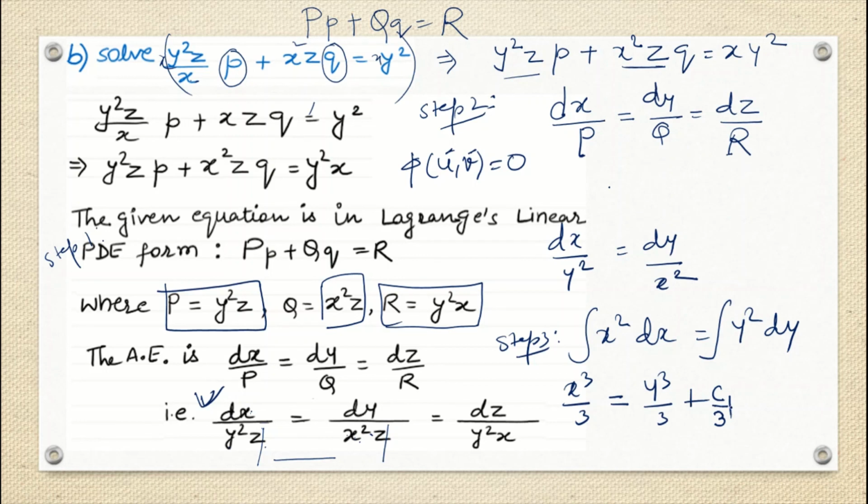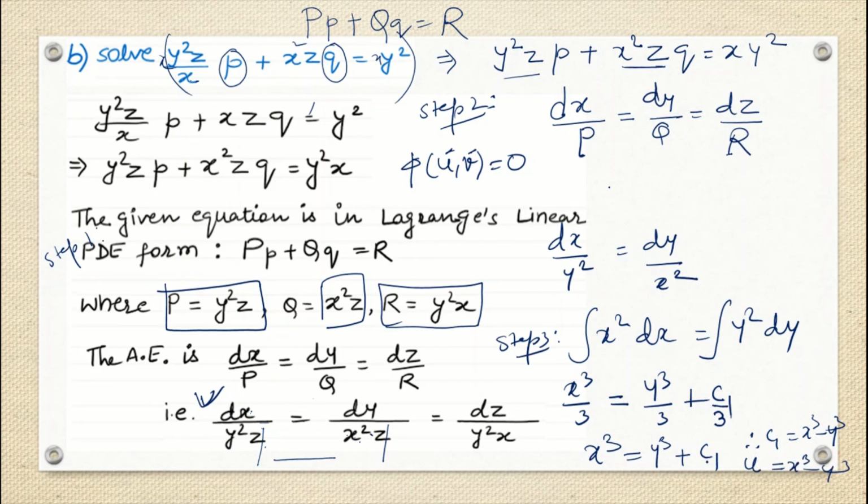I am not violating any rule, because I am just simplifying the equation. So I can write x cube equals y cube plus C1, or I can say that my C1 is x cube minus y cube. That is the constant of my integral surface. So that means u is x cube minus y cube.